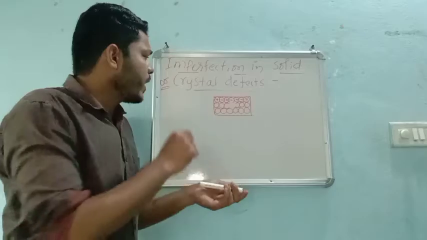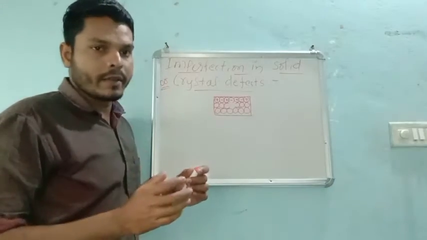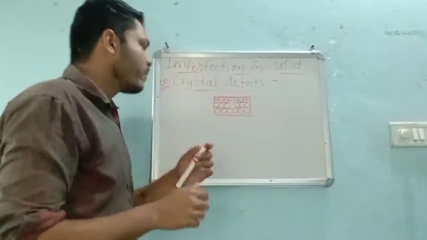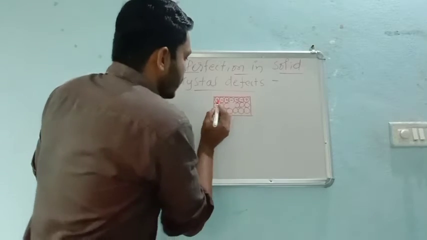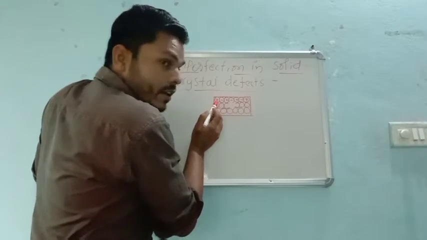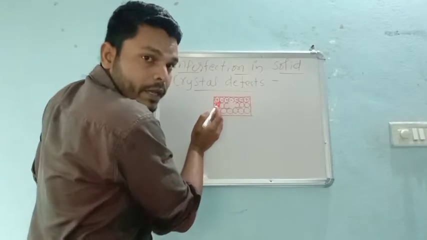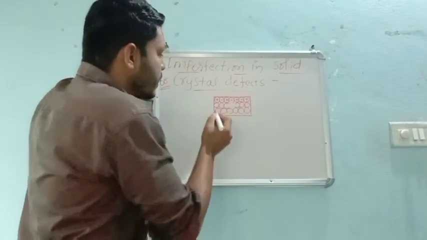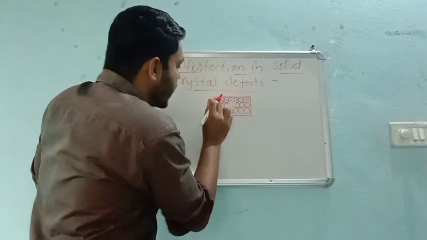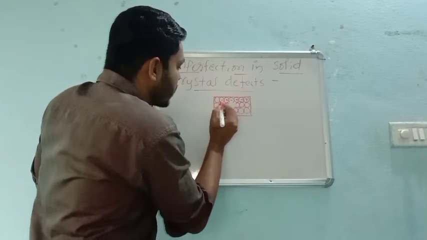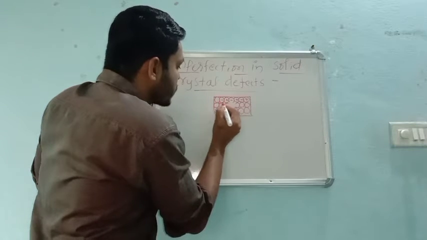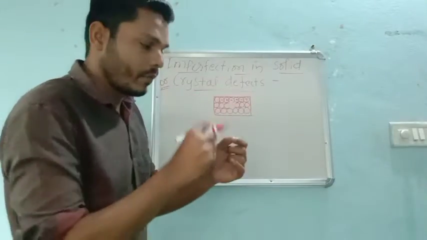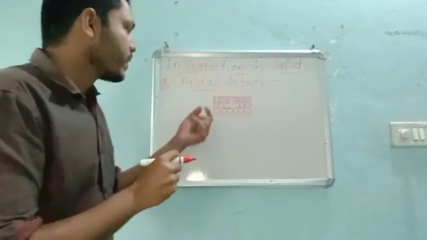If we expose them for a longer time, then definitely some imperfection. The positive ion should be here in actual, but because we are exposing it for a longer time, this positive ion will not stay here; it will come somewhere to the interstitial site, in between where there is a gap.